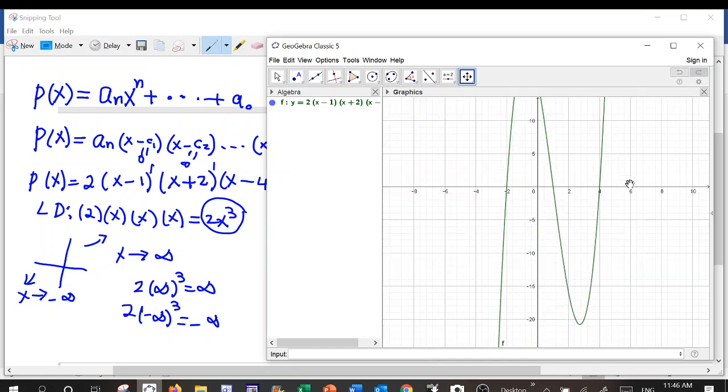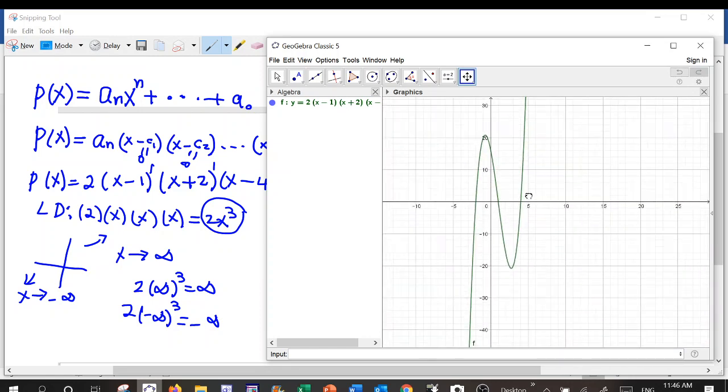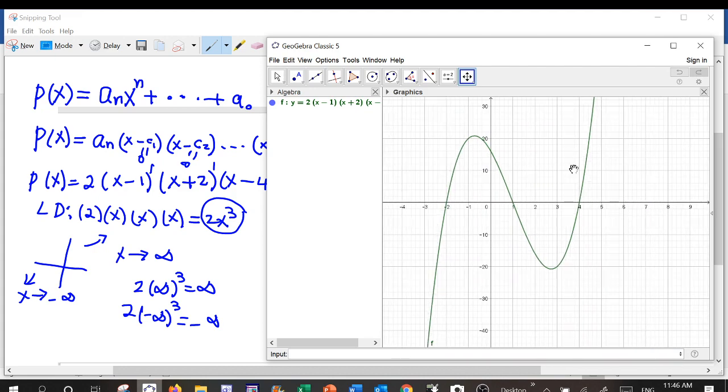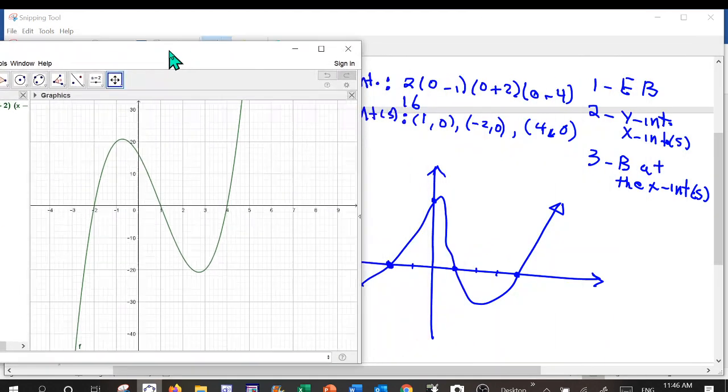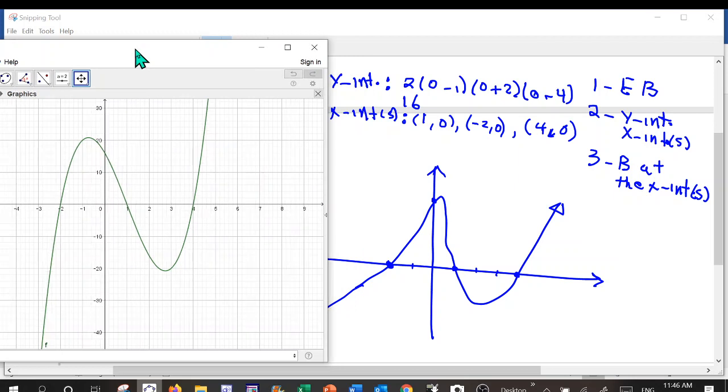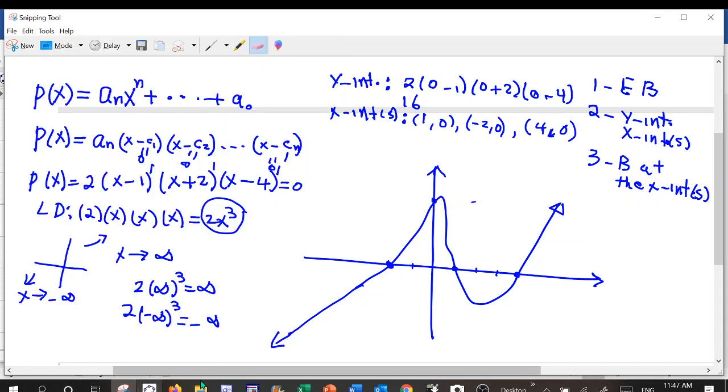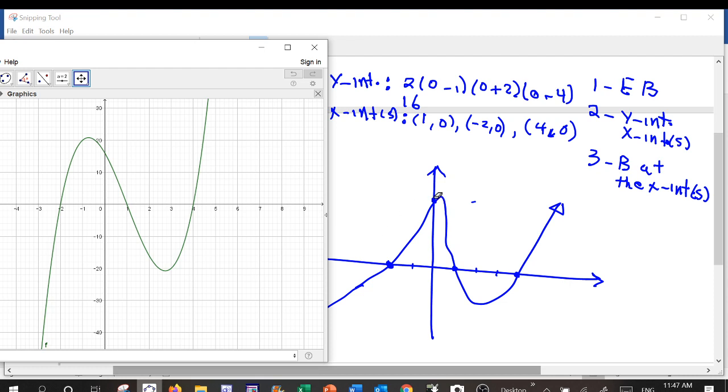So does it look like what we graphed here? Well, yeah, kind of. For example, we can't really tell with algebra where the top of the hill, the relative max, is. I put it somewhere else, but as you see in the graph, it's actually over here and then crosses.